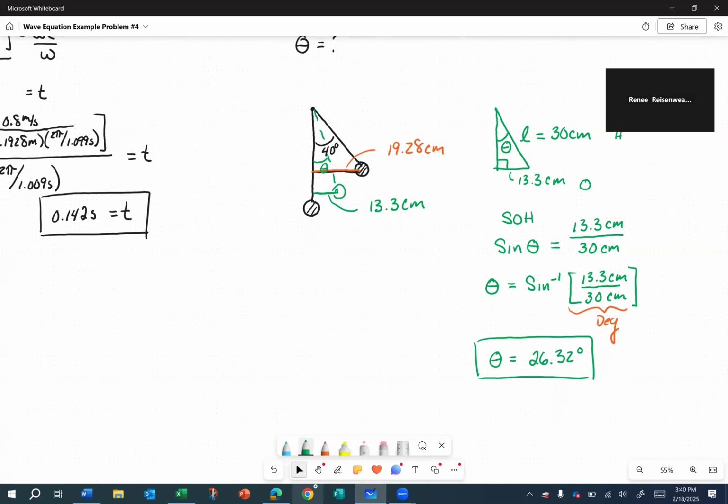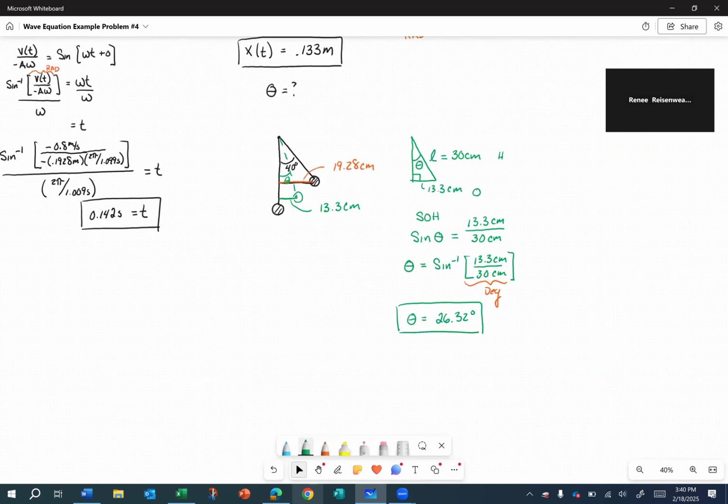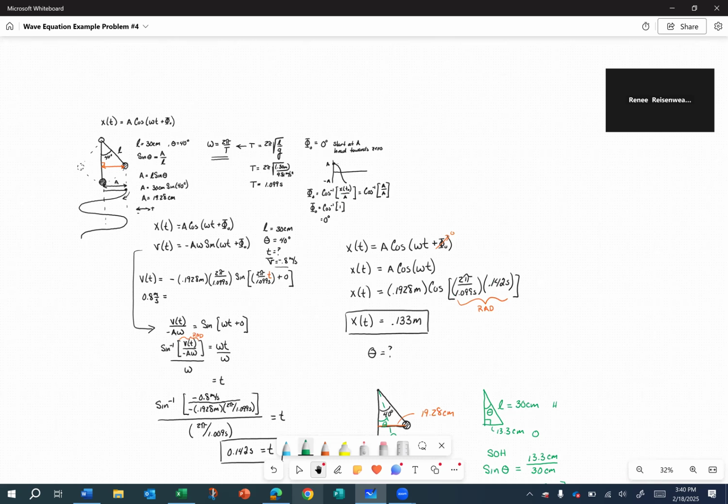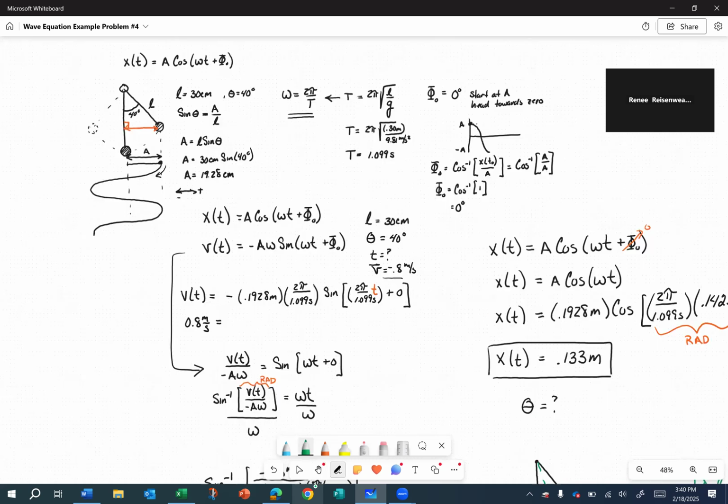Quite a long problem, but only long because you had to find all of those variables. Awesome problem to incorporate the wave equation, right? We had to use the geometry of the pendulum swinging to find the different variables that we need in amplitude. We had to use the period equation for the pendulum to find the period.